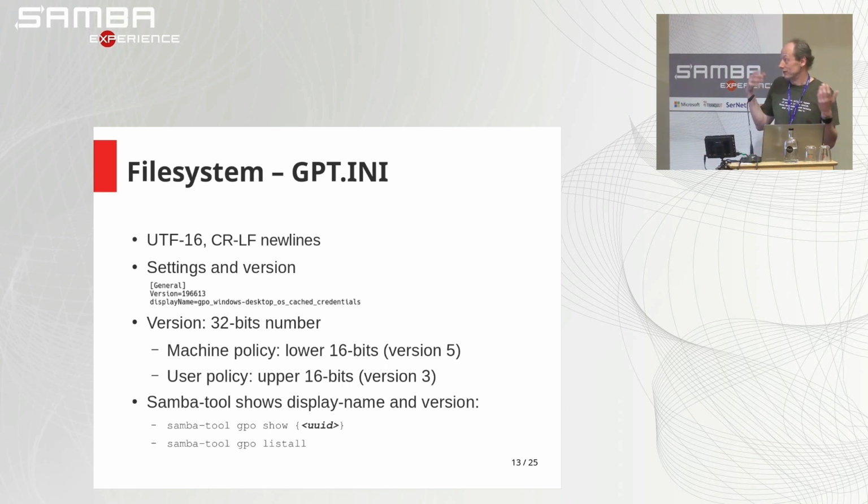The easier way, if you do this with generation code, is to always increase both numbers. Yeah, there are Samba tools that can output this, like gpo show with the UUID, or if you want to get that for all GPOs, then you can do listall.